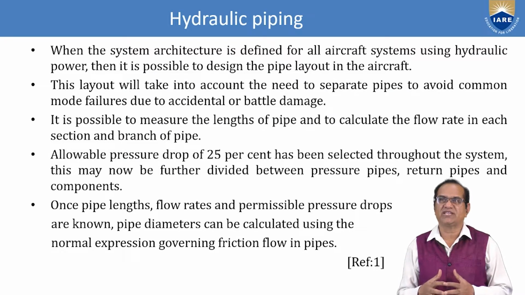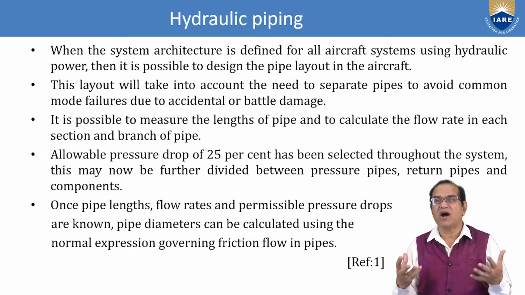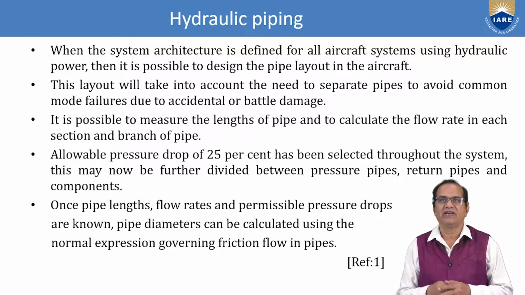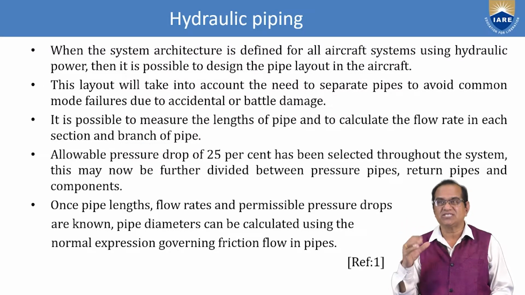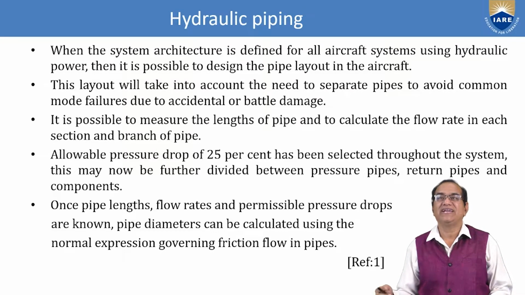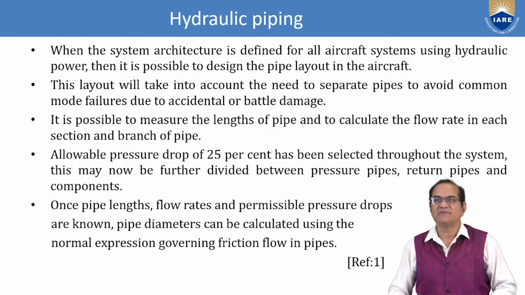If you know all these things, then how much power the hydraulic system requires and how much pressure the pump is generating. By knowing all this information, we can design the size and the layout of the pipe as per the flow condition and other requirements of the aircraft.